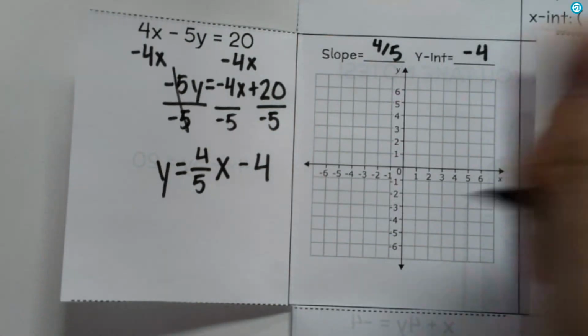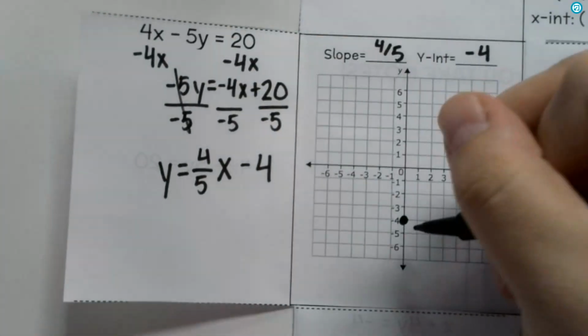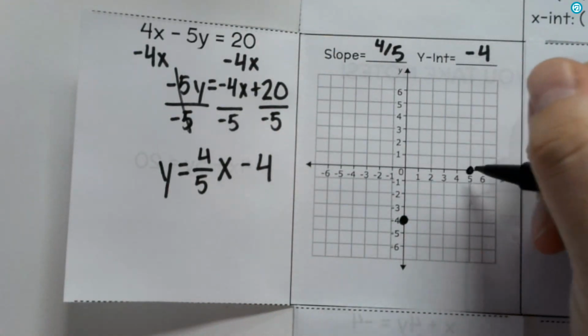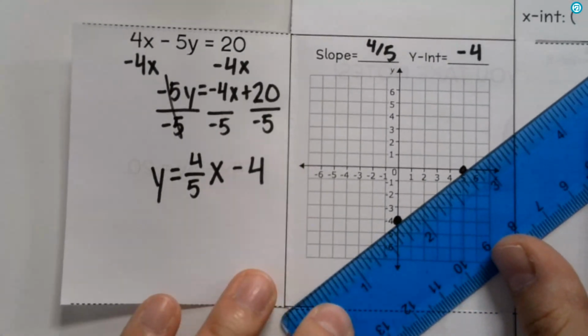We go on our graph to negative 4. Find our ruler. We graph a slope of up 4, right 5. And I can only fit one dot, and I can't fit any the other way either. So there will be several times today you will only have 2 dots, and that's okay. If you have the option to do more, you should. But if you don't, it's fine.